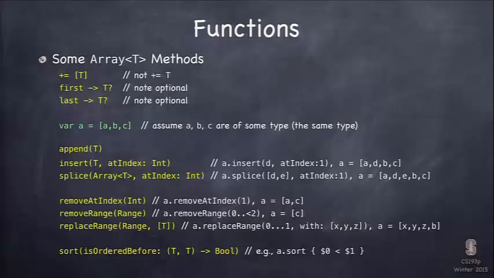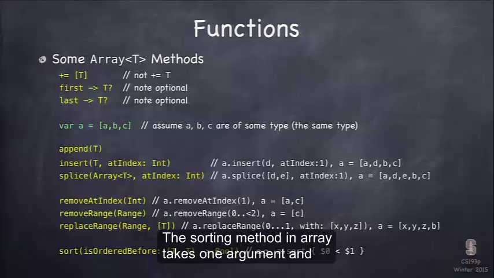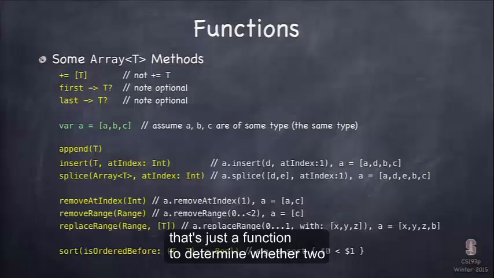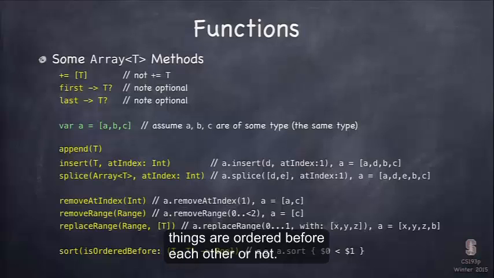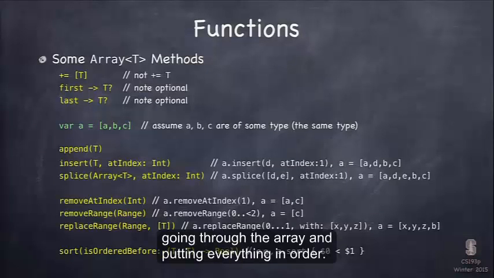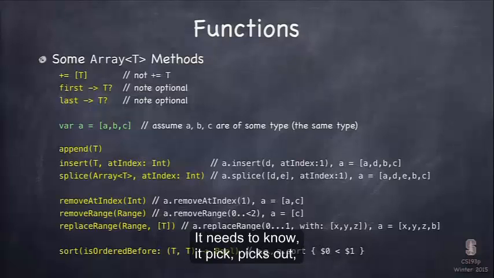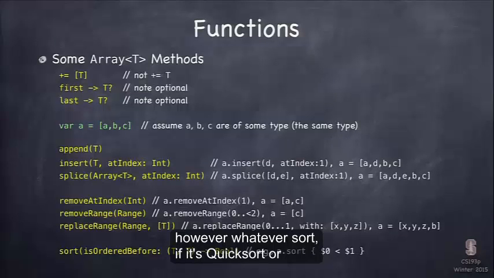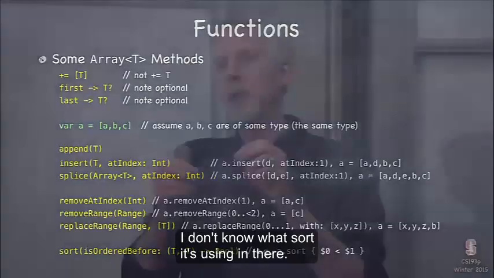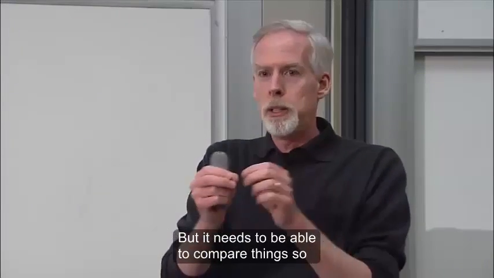There's also sorting. You can sort an array. This sorting method in array takes one argument, and that's just a function to determine whether two things are ordered before each other or not. It's going through the array and putting everything in order. It picks out whatever sort it's using, quicksort, or I don't know what sort it's using in there, but it needs to be able to compare things.